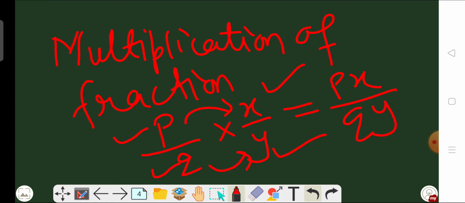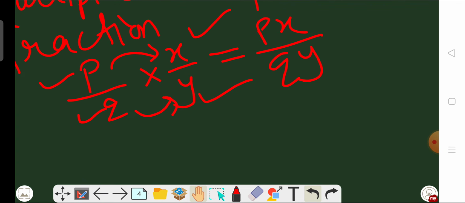After that, what we have to do? After multiplying numerator to numerator and denominator to denominator, we have to check whether there is a common factor between numerator and denominator of the resultant.